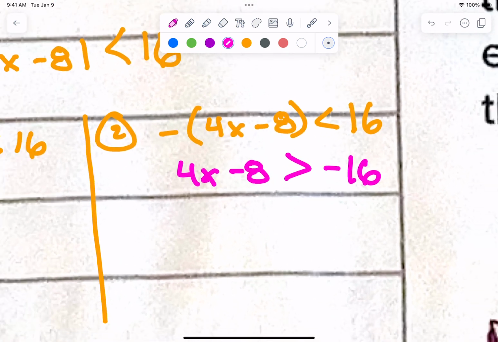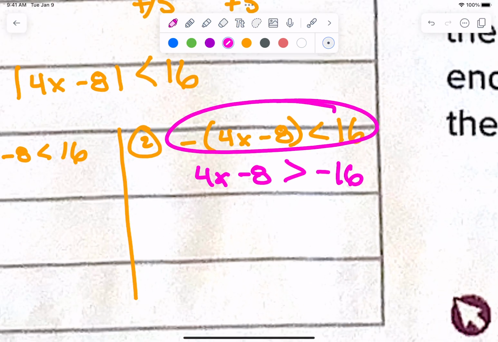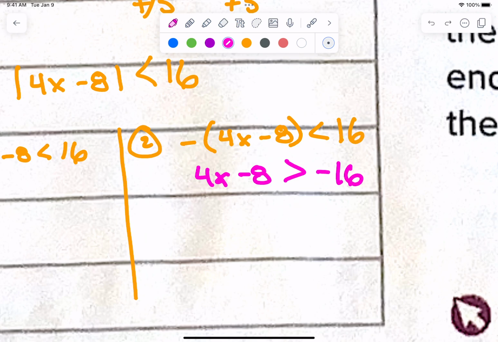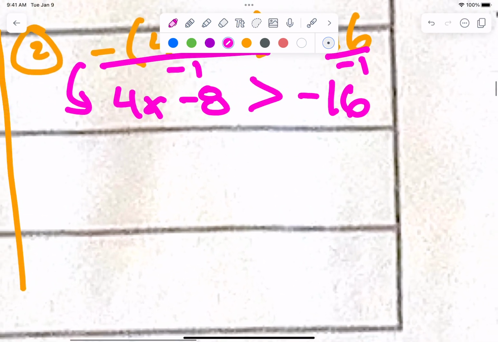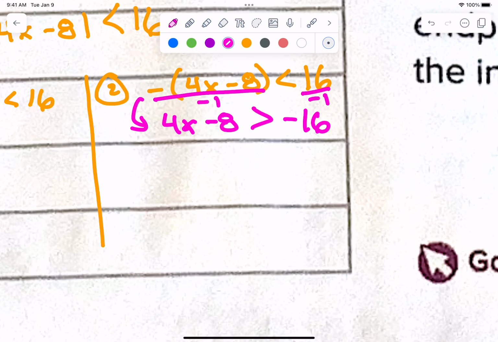Okay, so we know that this is what the second case looks like, right? But let me show you how we get from this step to this one. If we divide by a negative 1, we'll make that negative 16 and then greater than, right? Now here's the deal. We flipped the sign and we flipped it to negative 16, but here's the problem. We know that an absolute value is always going to be greater than negative 16.